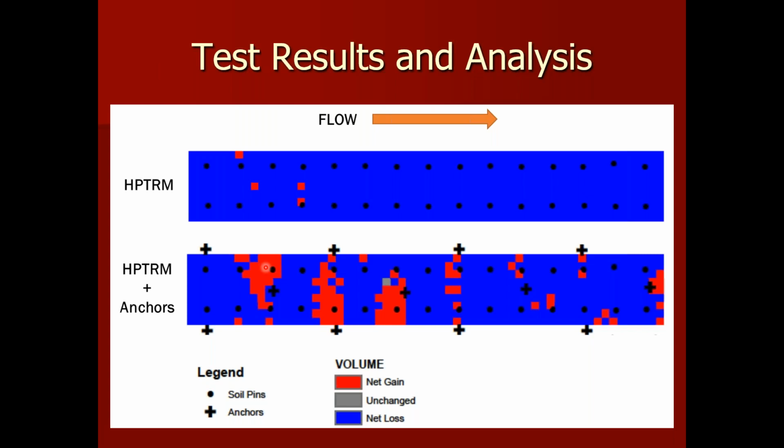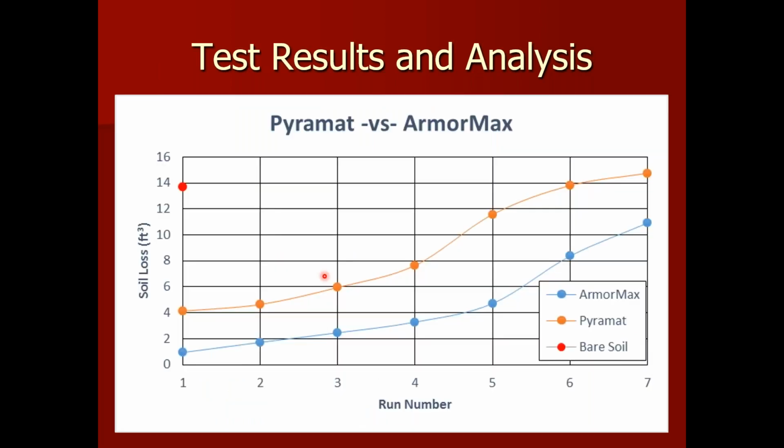So those anchors actually work as little dams to help back up water, stop that velocity, slow that velocity down right upstream of the anchor, thus restricting movement. So for the same flow condition, we can see areas of loss with an unanchored system and then actual areas of mounding of soil with the anchored system.